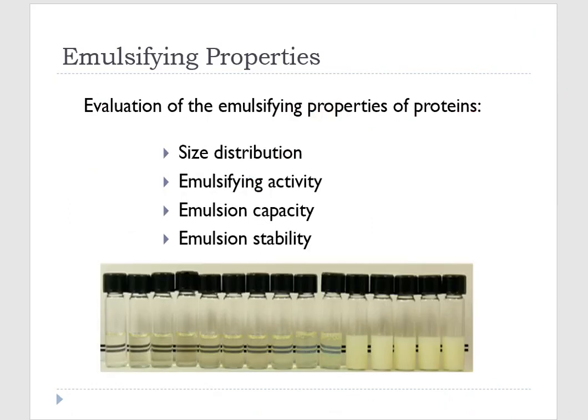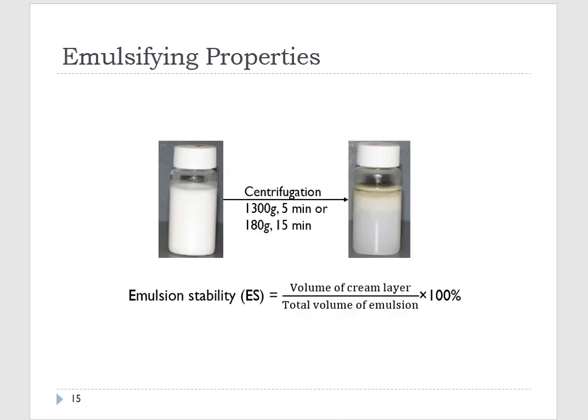The emulsifying properties of food proteins are evaluated by several methods, such as size distribution of oil droplets formed, emulsifying activity, emulsifying capacity, and emulsion stability. So how do we measure emulsion stability?